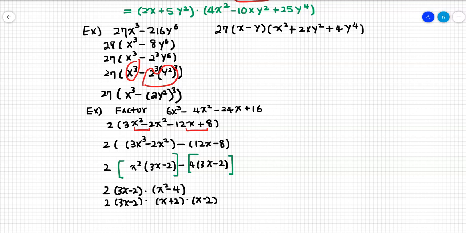As I think I mentioned before, if you're not sure, you can always multiply this and see if you end up with the original polynomial. And if you get it after multiplication, that's the right factoring of the polynomial.